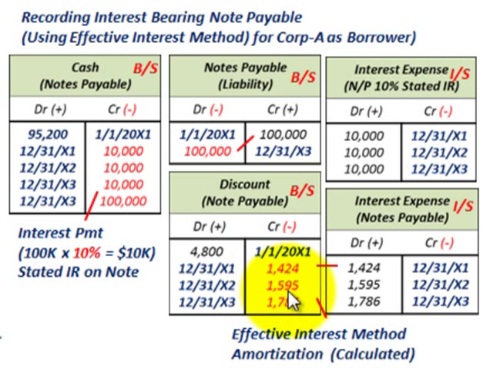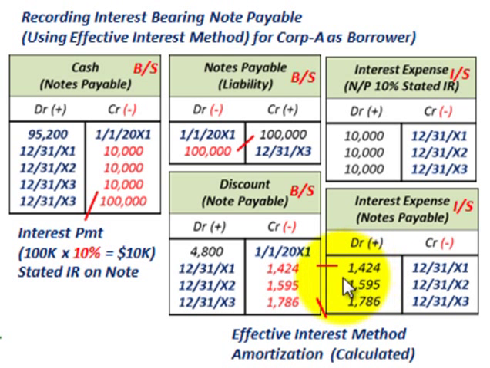We would credit our discount in year 2 for $1,595 and year 3 for $1,786, using the effective interest method for amortization that we calculated. And then that credit goes against our interest expense that I broke out on our income statement for that amortization amount.